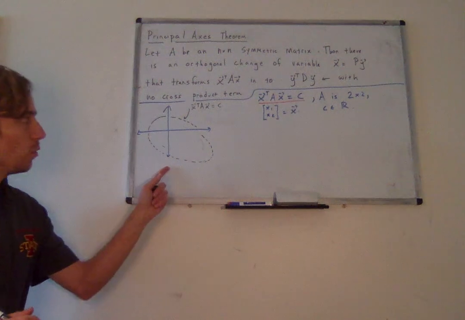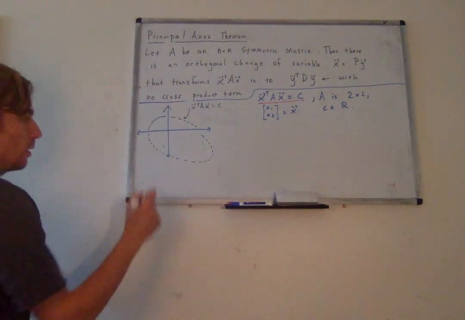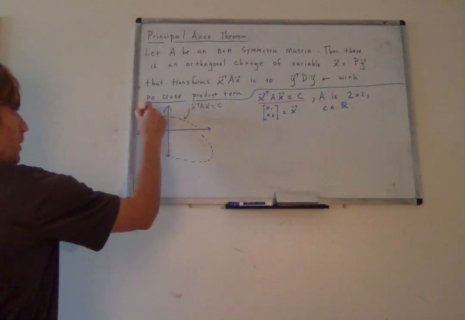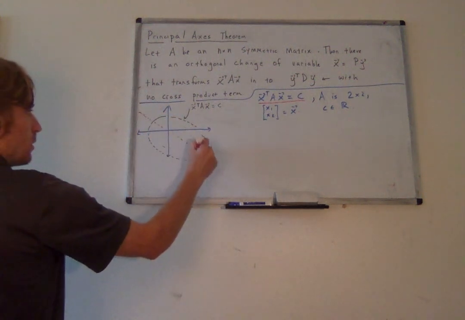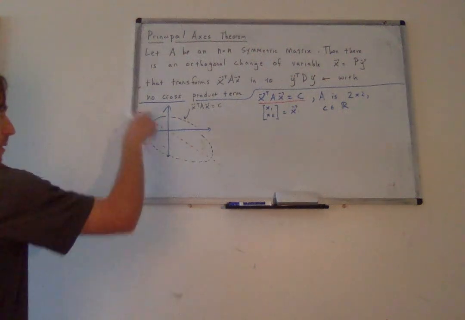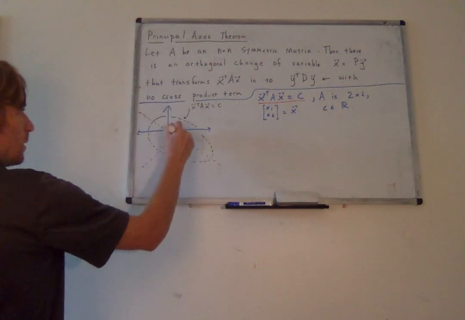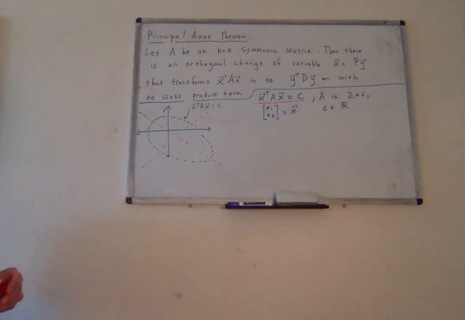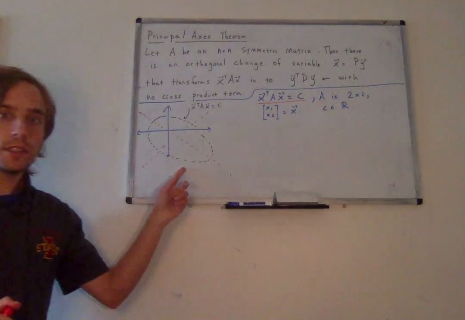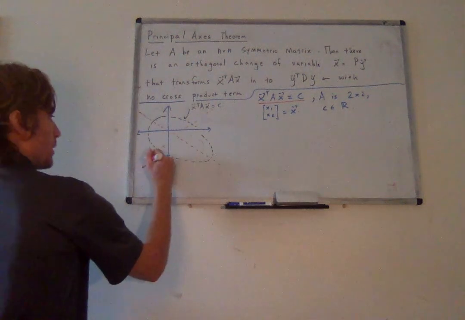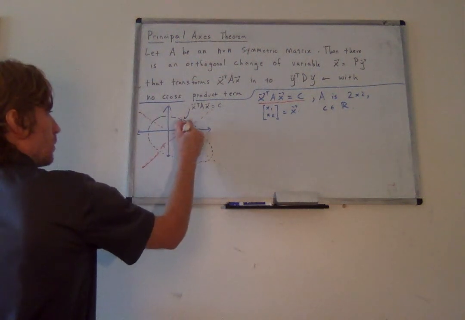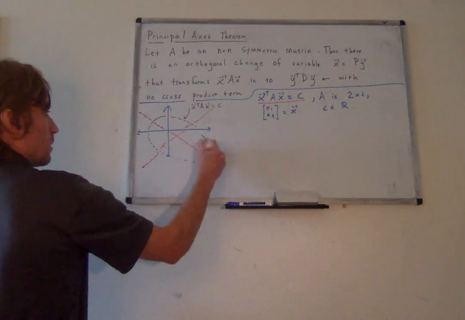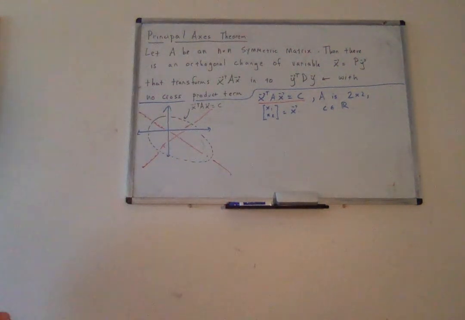So when we look at ellipses, ellipses have two axes, which we call the principal axes of the ellipse, right? It has this axis going this way and this axis going this way through the ellipse, right? And so these principal axes correspond to a quadratic form whose matrix has a cross product term, right?